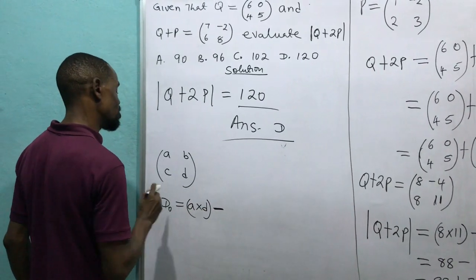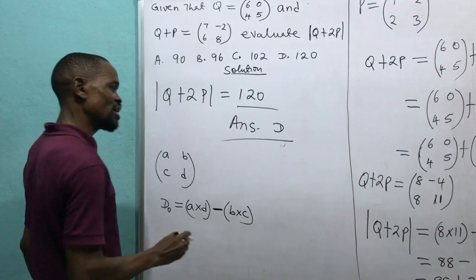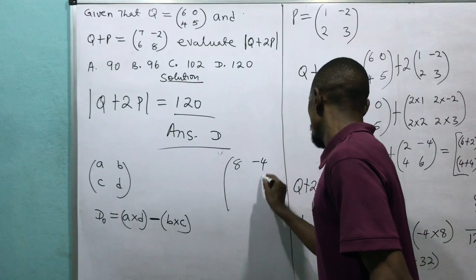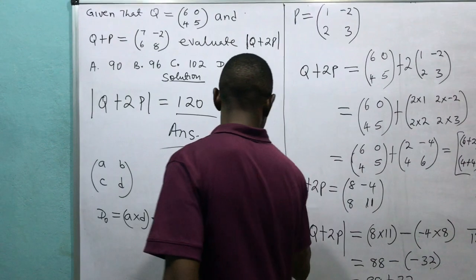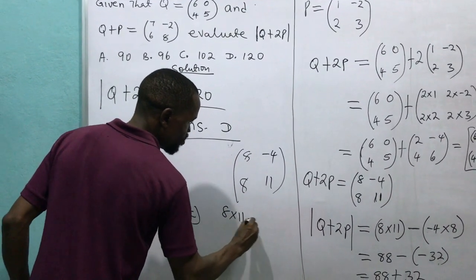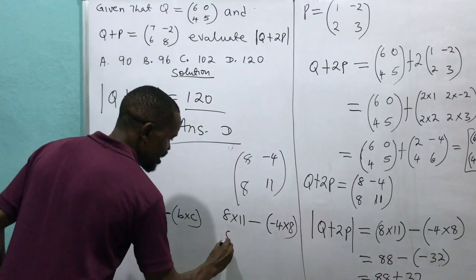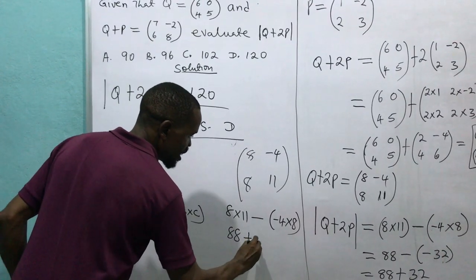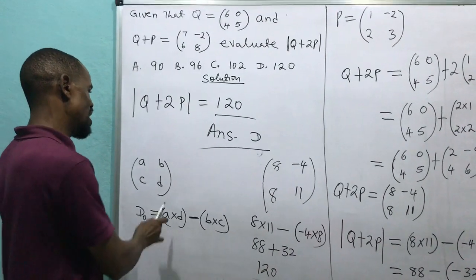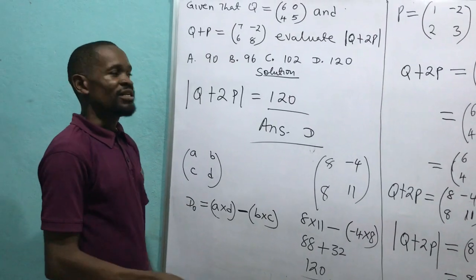And that's what we did here: 8 times 11, minus minus 4 times 8, which gives me 8, 8, and this gives me plus 32. And this gives me 120. I think you got it right. That's the determinant of a 2 by 2 matrix. That's what we did here.